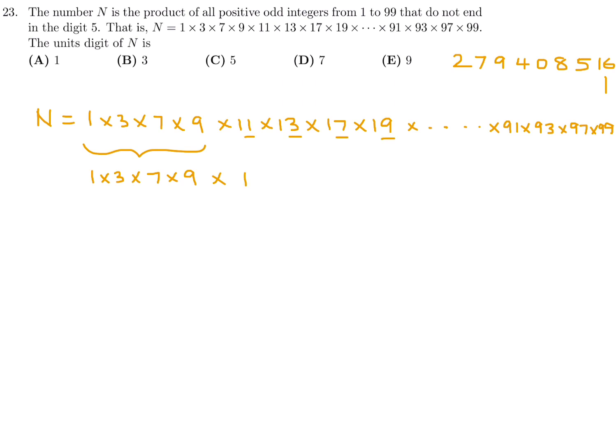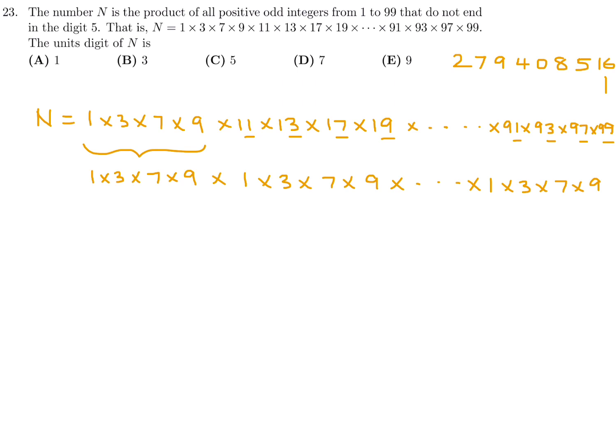So it's again 1, 3, 7, and 9. And you'll see that pattern continues all the way until the very end. The units digits of the last 4 are again 1, 3, 7, 9. And that's it. So all you have to do is just look at the units digit. You don't need the full number.